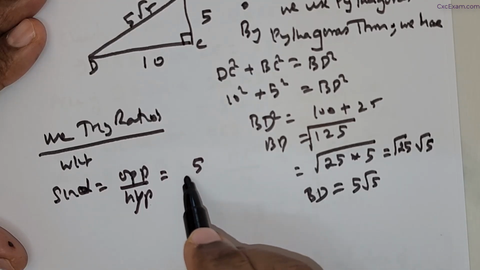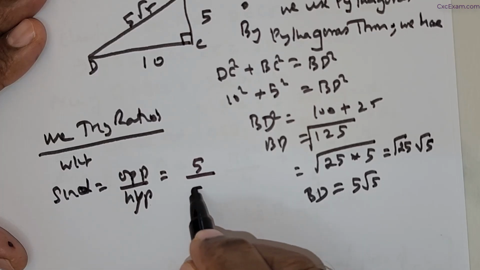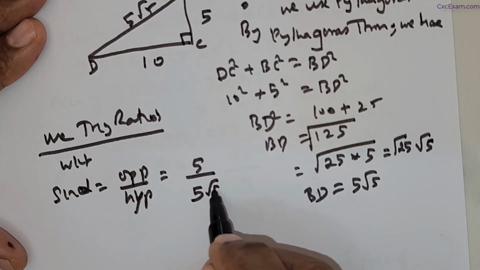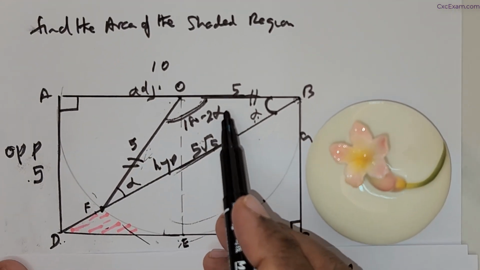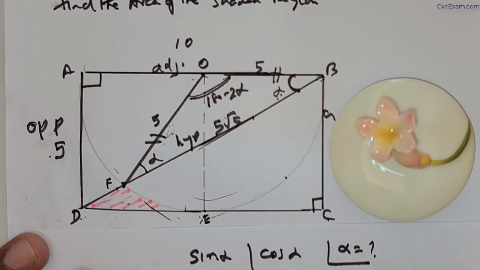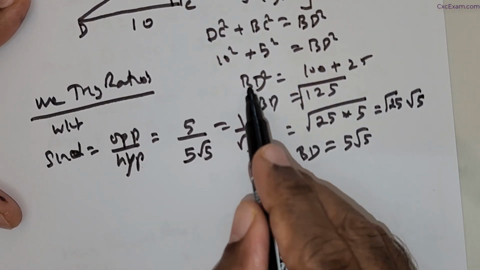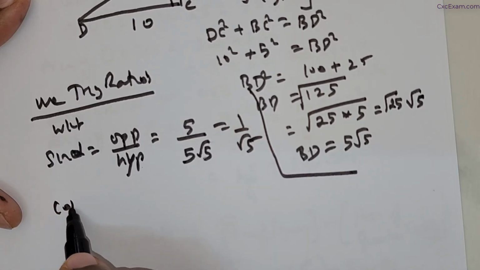Our opposite side is 5, our hypotenuse side is 5 into root 5, which is going to give me 1 over root 5. This is my sine alpha.